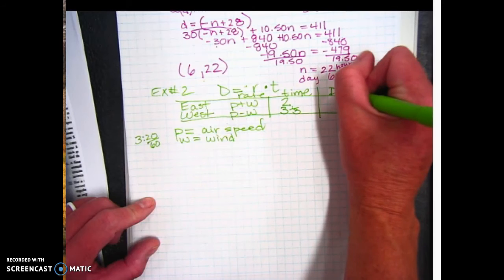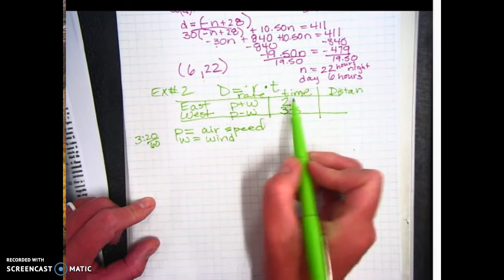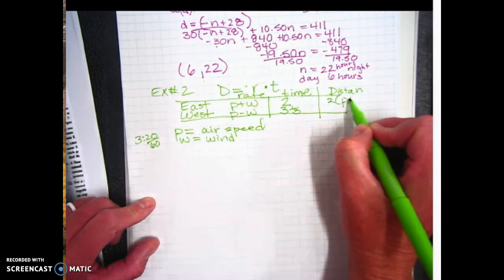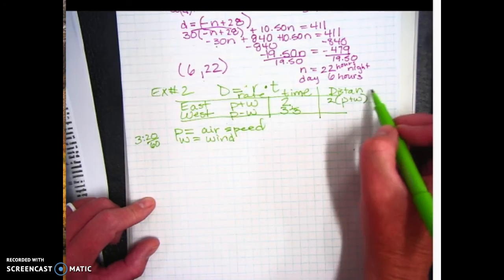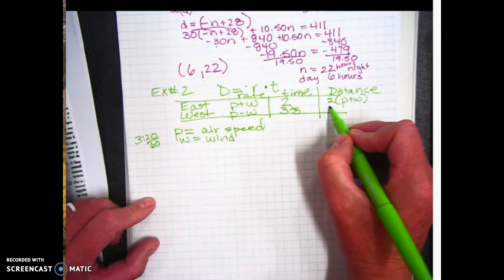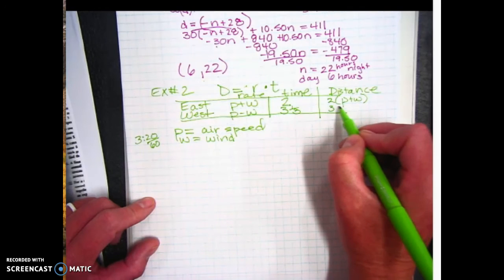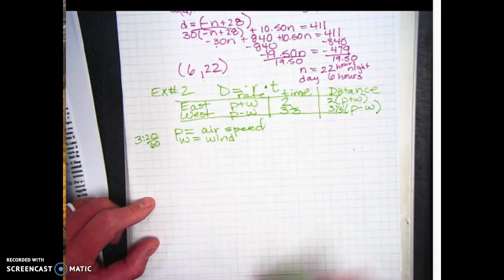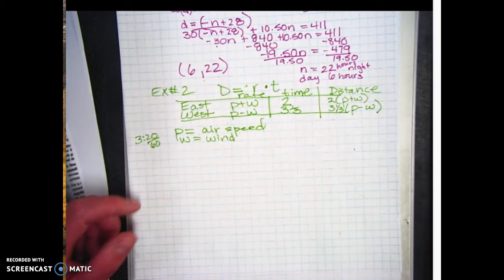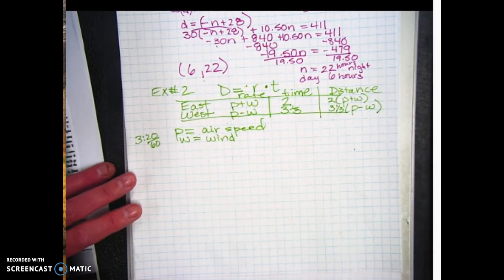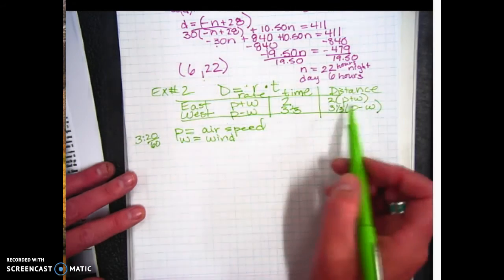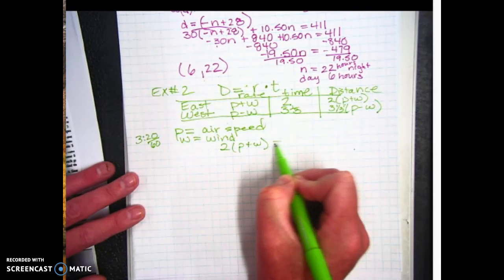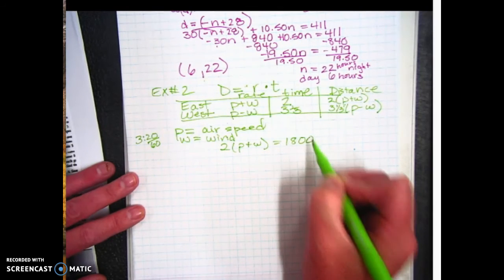So the distance for each of these is going to be the rate times the time. So I'm going to say 2 times P plus W. And for this second one, I'm going to say 3 1/3 times P minus W. All right, so the first equation is going to be 2 times P plus W equals the total distance of 1,800.